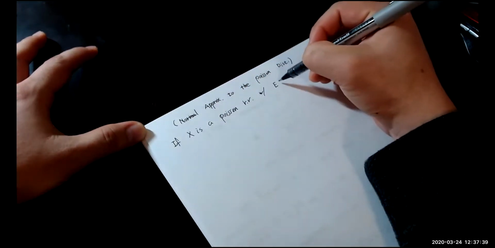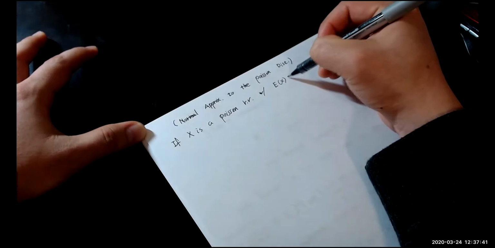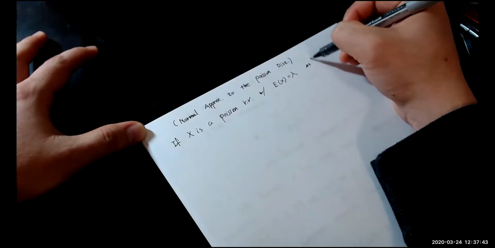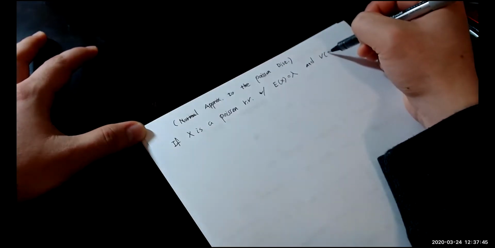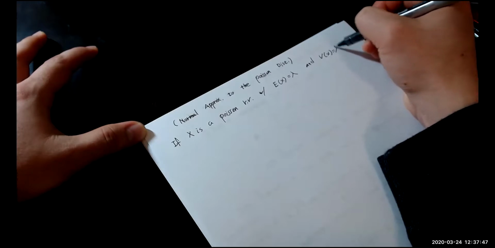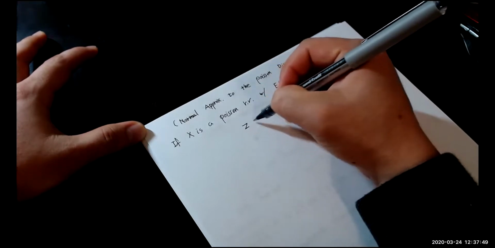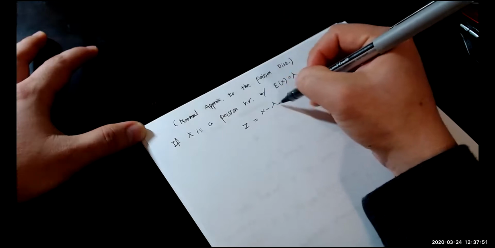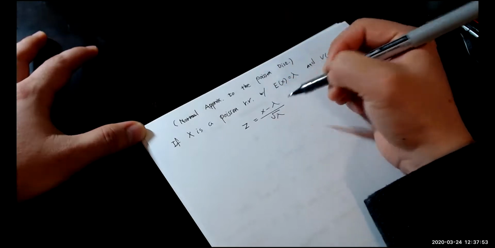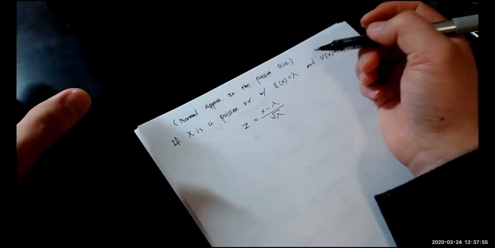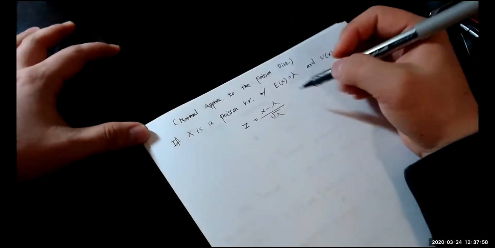If x is a Poisson random variable with expected value lambda and variance lambda, then the z-score is going to be x minus lambda over the square root of lambda. That is approximately a standard normal random variable.